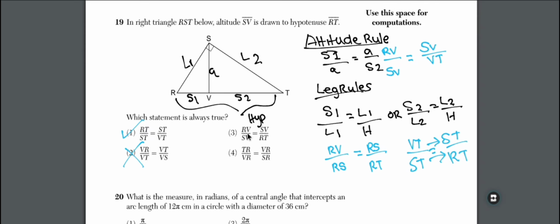This one says RV over SV over SV, which I do not have. I have RV over SV, which I do have, so I have that part, is equal to SV over RT. No, I have RV over SV is equal to SV over VT, so I know that does not work. And 4 says TR, I have RT over VR. I don't have a VR, so I know that is incorrect. So my answer choice is going to be 1.